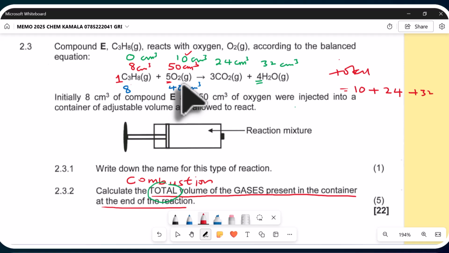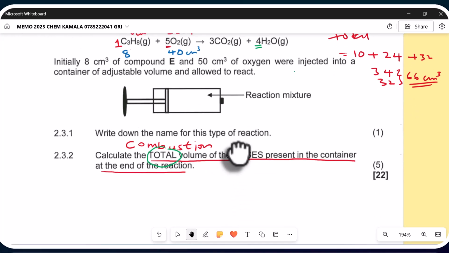Now they ask us to define the term homologous series. You must know your definitions. How do you define it? Anybody who knows how to define homologous series?